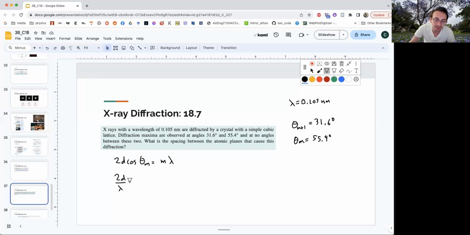So we know that 2d over lambda equals m over cosine theta m. That was just from rearranging the equation.